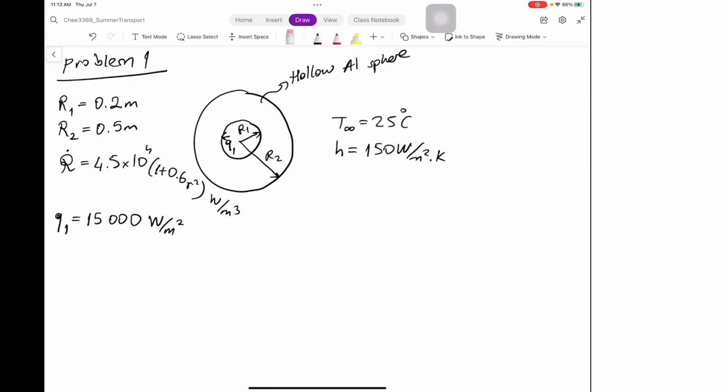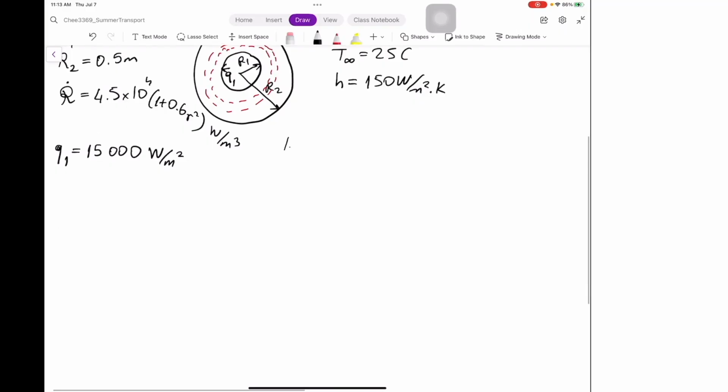Okay. Now we're going to do a shell balance to find the governing differential equation in the aluminum part. We're going to start with in minus out plus generation is equal to accumulation.